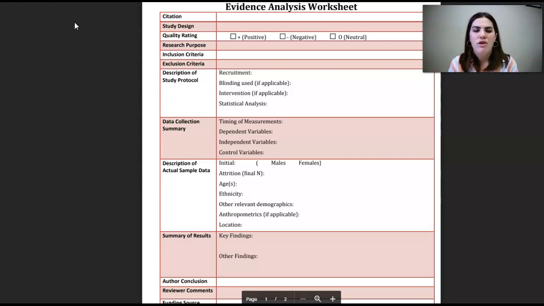If your question was about the behaviors based on how much sugar toddlers eat, you would want to be looking for articles that can help you answer that question.